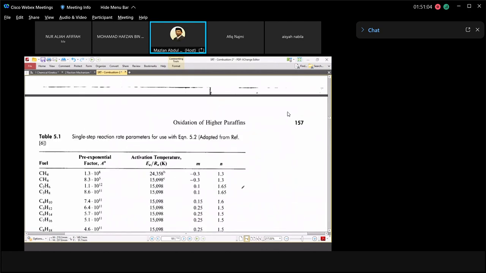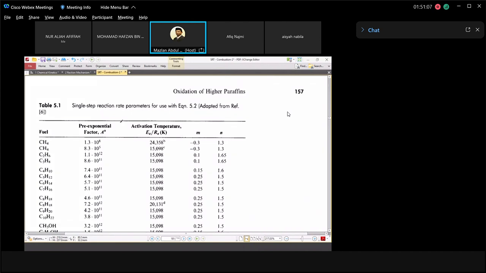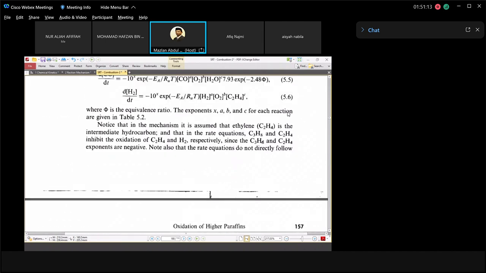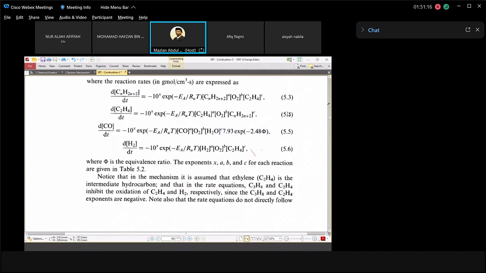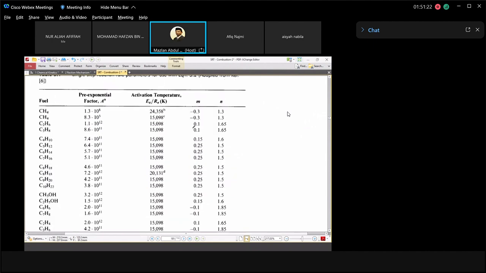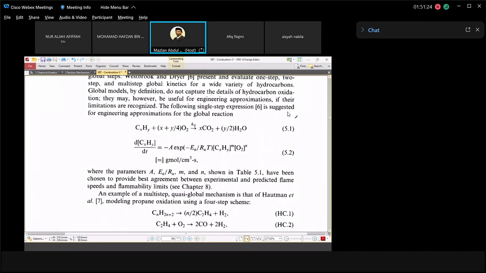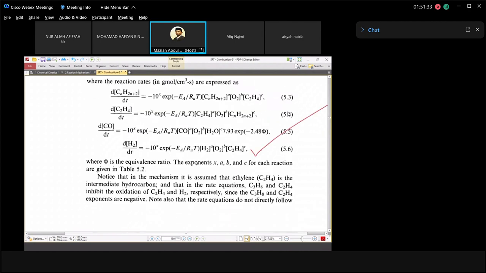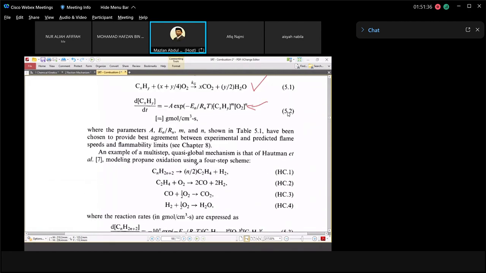Table 5.1, this one. CH4, A, Ea, Ru, this is your n. The formula is there. This is the formula. This is the Arrhenius rate of reaction. Global, the global one-step reaction.